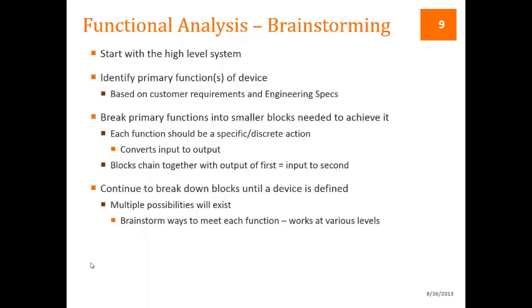So you're creating a device by pulling what you think are the best ideas from these lists that you've come up with for each function. Obviously some of the ideas aren't compatible with others, and we'll talk about some of that as we go. But there's multiple possibilities, multiple combinations, and this is a great way of getting a whole lot of ideas out on the table.